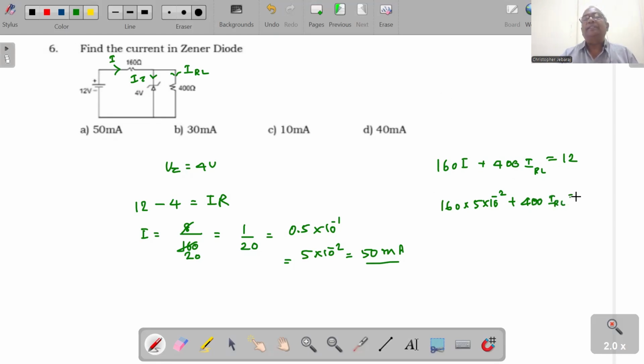We wanted to find out IRL first. This term becomes 8. You take this to the other side, so 8 plus 400 IRL equal to 12. 400 IRL equal to 4. IRL is equal to 4 by 400. The current in the load resistance is 4 by 400.